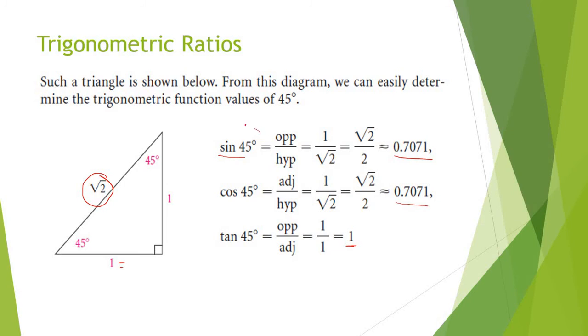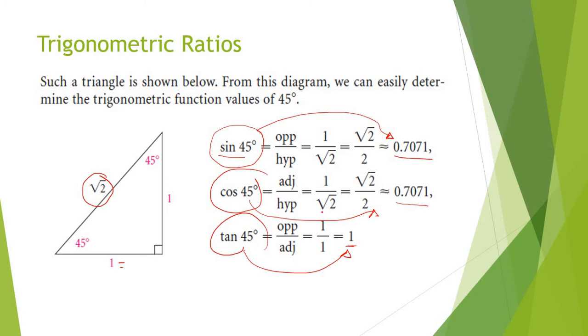If you press in your calculator sine 45 degrees, this will be the result. Also cosine, this will be the result. And for tangent 45, this will be the result. Or just simply divide 1 by square root of 2, or square root of 2 over 2, so the result is really 0.7071.